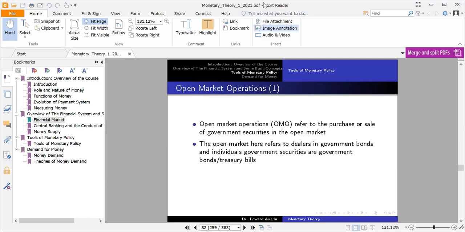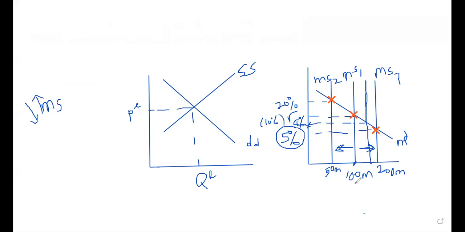If you go back to the whiteboard, that will mean the money supply will shift to the left. Government sells T-bills, we all give our money back to government, and M1 will fall. So if government is selling treasury bills, it's not surprising that the interest rate in the economy rises, because the government is crowding out other people from the financial market.